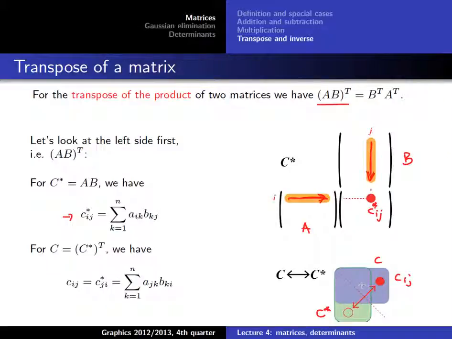Or if we want to calculate it directly, instead of calculating this one and looking it up, we could calculate it directly, but then we just have to swap the indices, because if you want to have Cij, then we look up C star ji, which is exactly the same here, only we write a different index, which basically means we're multiplying this row as a column now and this as a row now.